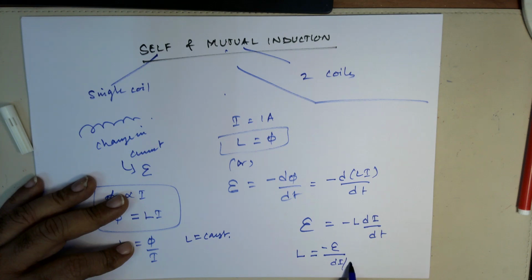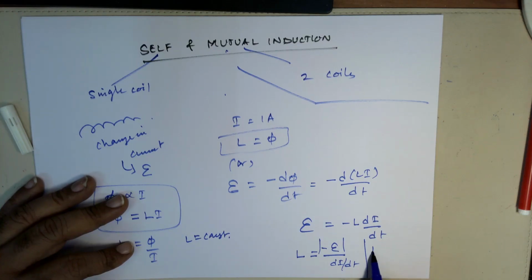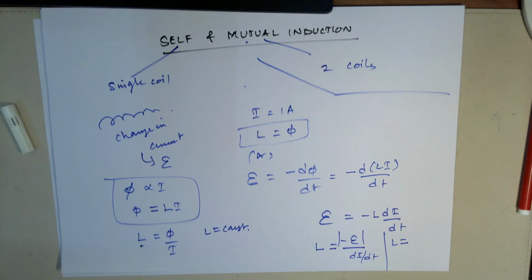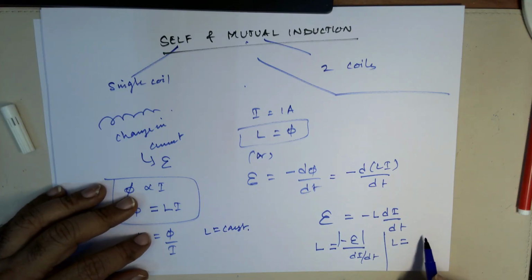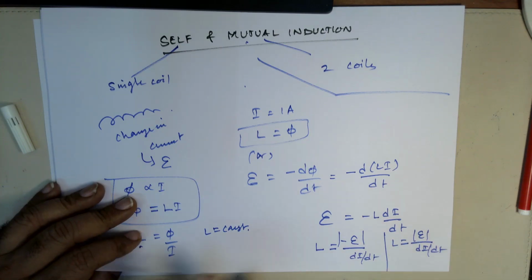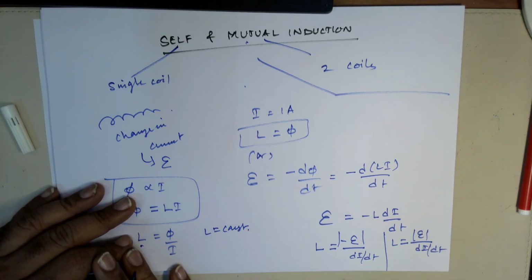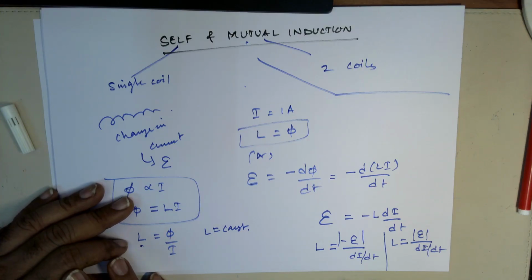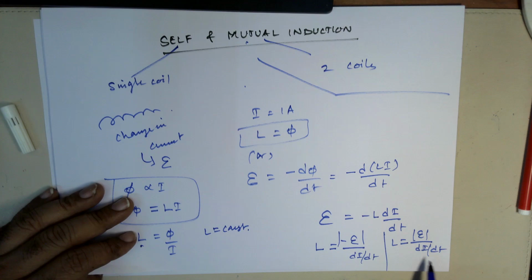Let us consider the magnitude only, so we take the absolute quantity. And di by dt is nothing but 1 ampere per second.